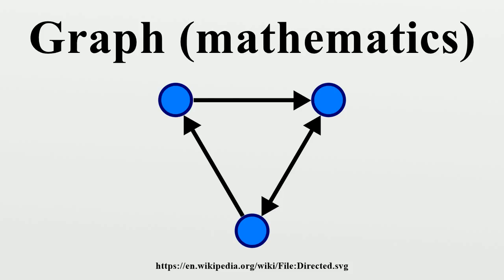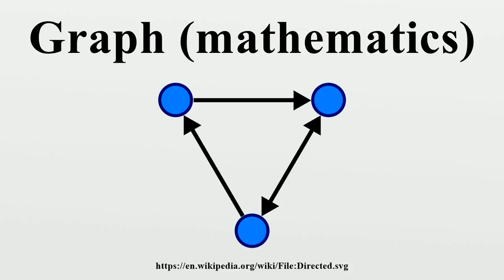The edges may be directed or undirected. For example, if the vertices represent people at a party, and there is an edge between two people if they shake hands, then this is an undirected graph, because if person A shook hands with person B, then person B also shook hands with person A. In contrast, if there is an edge from person A to person B when person A knows of person B, then this graph is directed, because knowledge of someone is not necessarily a symmetric relation.